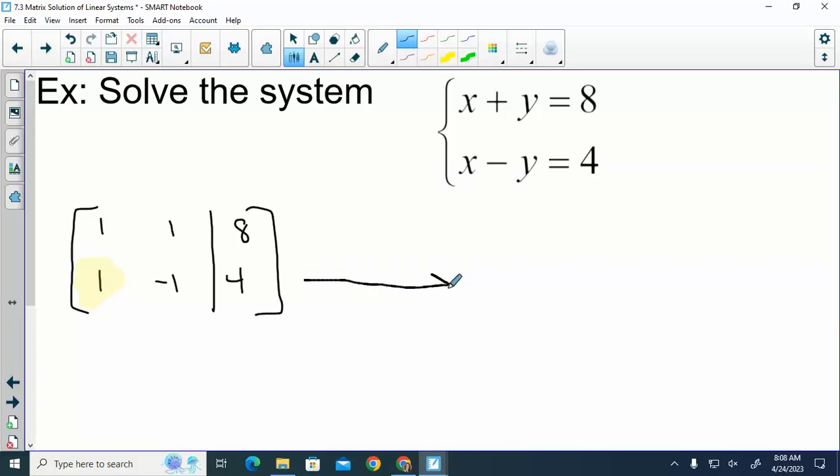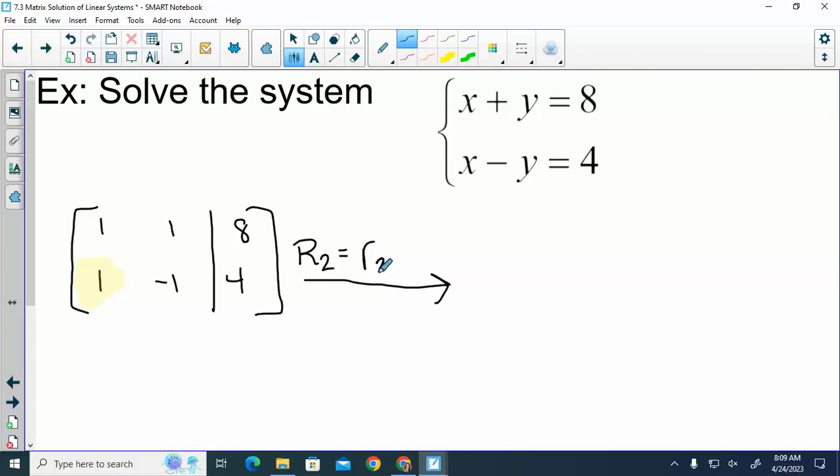When you get that 0, you have to describe to me what you're doing. So you have to write your row operation. Which row are we changing? Okay, so we're going to do row 2. What would you do to row 2? Okay, subtract.